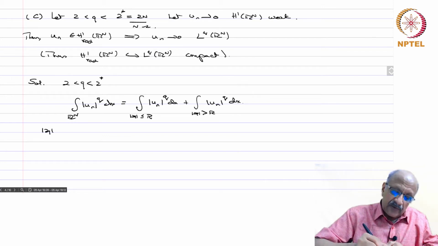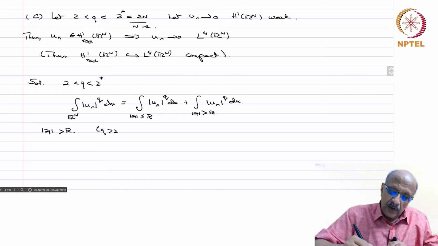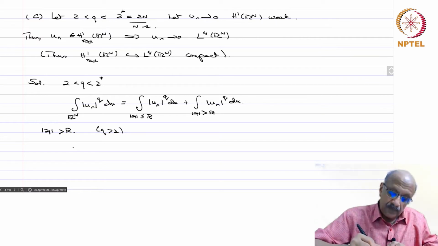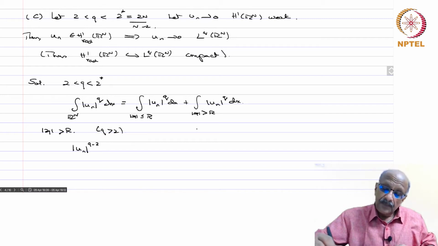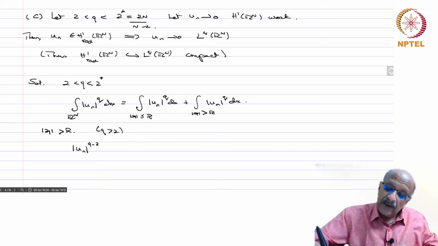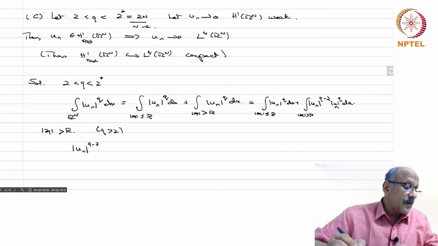So let us take |x| greater than r, and you have q bigger than 2, therefore |un|^(q-2). So I will write this as the integral over |x| less than or equal to r of |un|^q dx, plus the integral over |x| greater than r of |un|^(q-2) times |un|^2 dx.